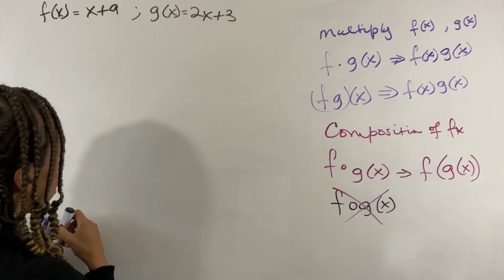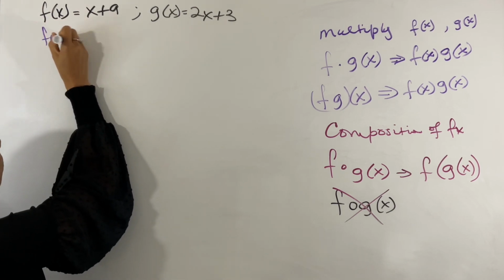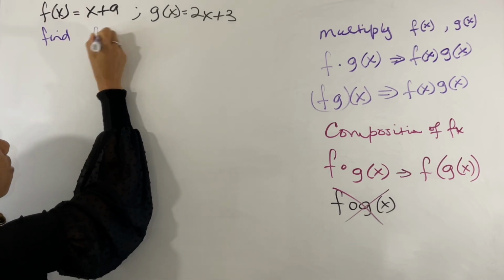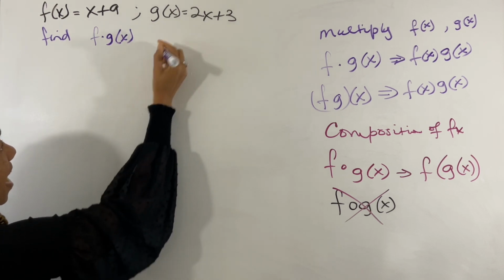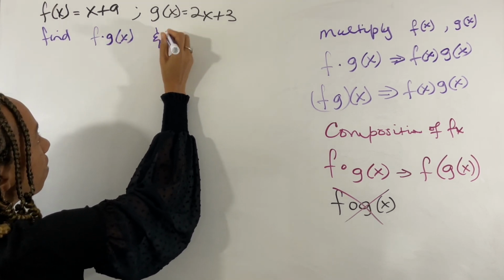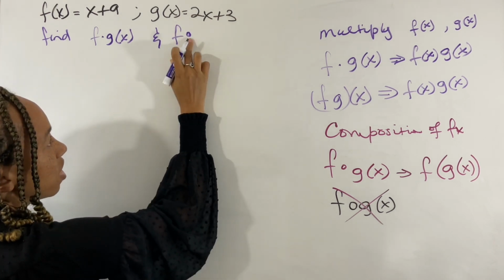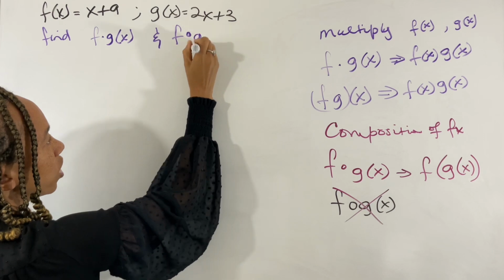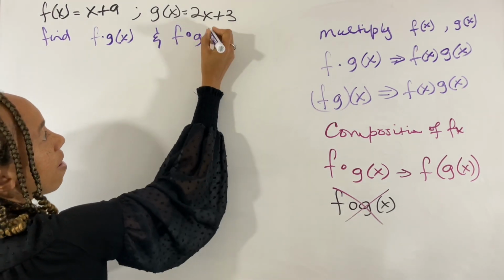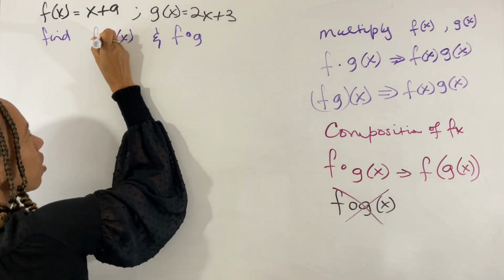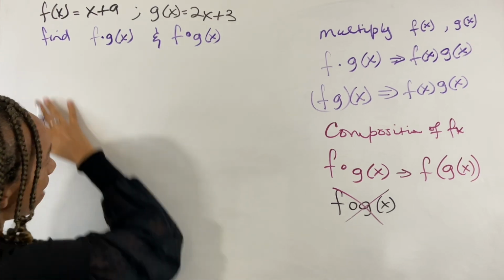If you're asked first to multiply these, meaning you're going to find fg of x, and you're also going to find f little o g of x, a tiny o to show the composition, not the word fog. This is like a dot, which is closed. This is open. So we're going to find both of these.